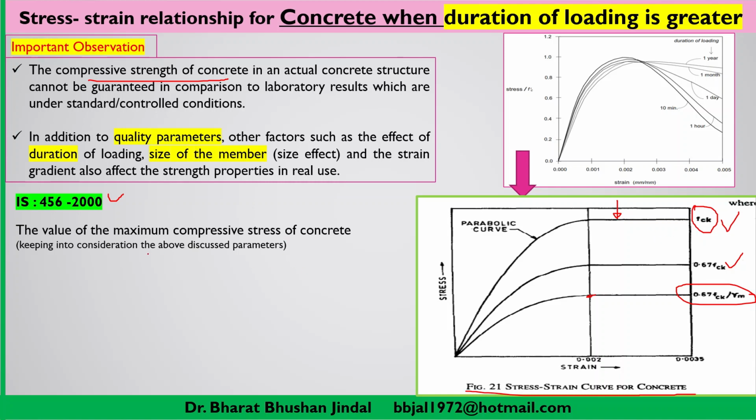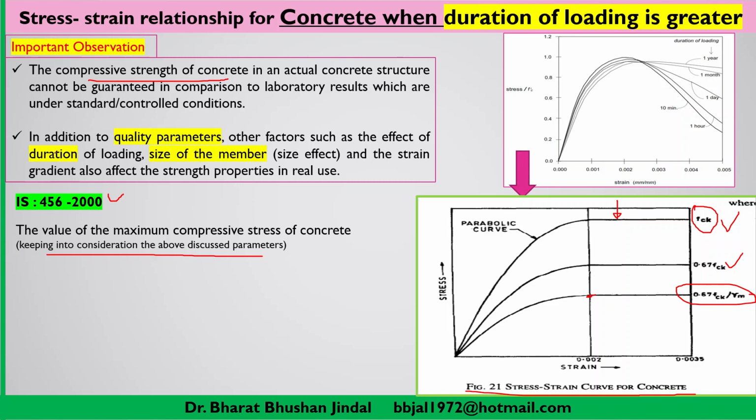But what will be the maximum value of compressive strength which you can take into calculations by taking into consideration all the above parameters, that means the effect of the duration of loading, the size effect of the actual construction site or construction elements under consideration, and the third point, strain gradient?